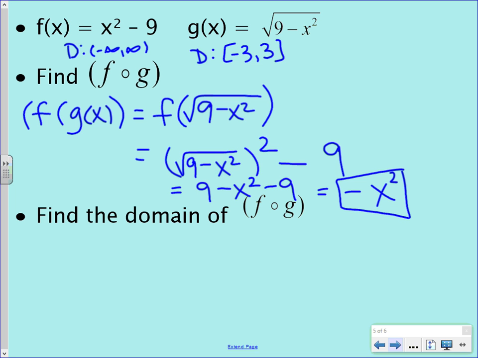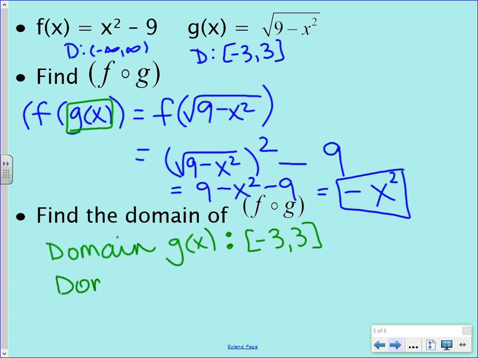Now, we need to consider the domain of our composition. First of all, any questions on my blue work right here? The first thing we need to think about is the domain of our inside function. In this case, it is g. The domain of our inside function, we decided, was negative 3 to 3.